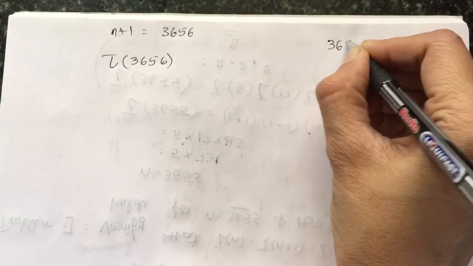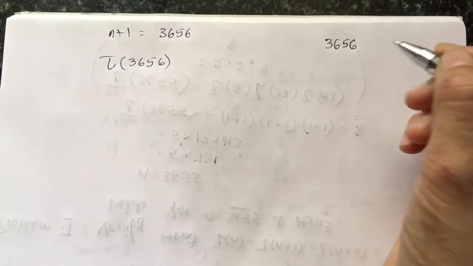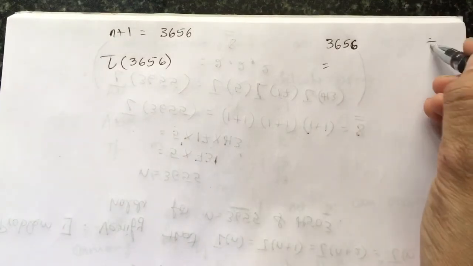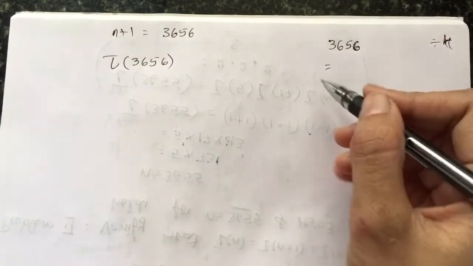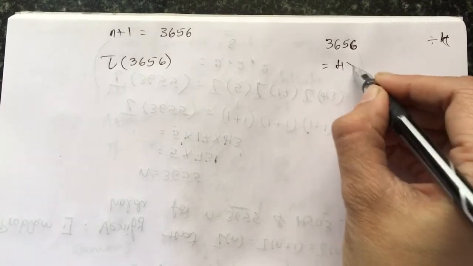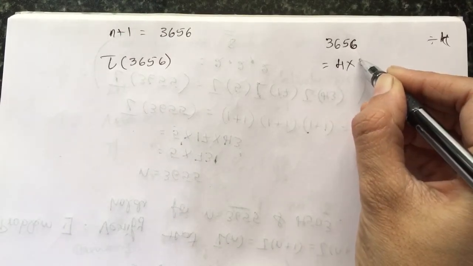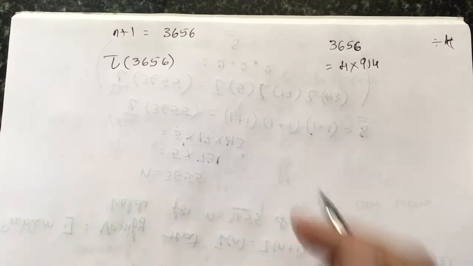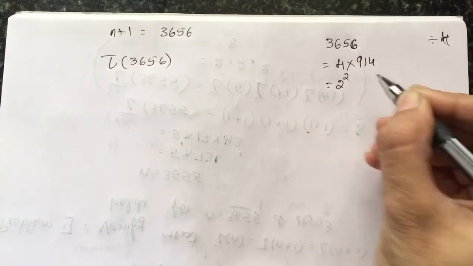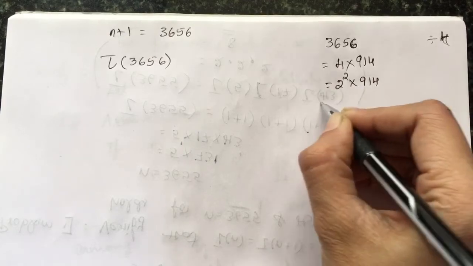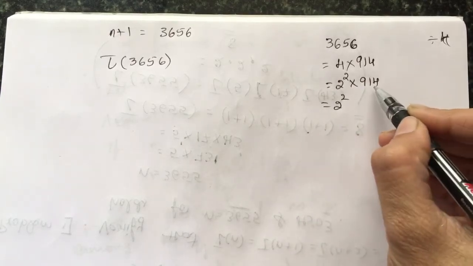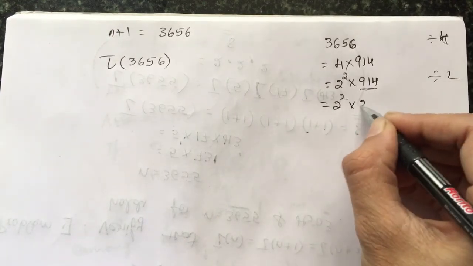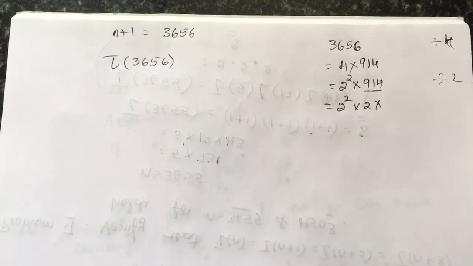Since 3656 is ending with 6, let me divide it by 4 first. 4 can be written as 2 square into 914. Now this 914 again I can divide by 2, I guess.